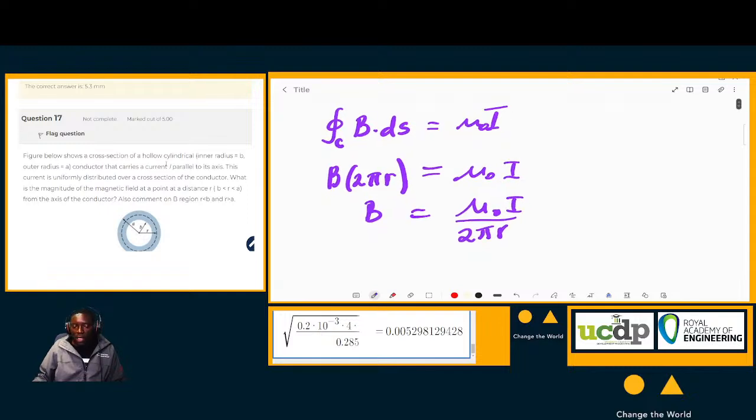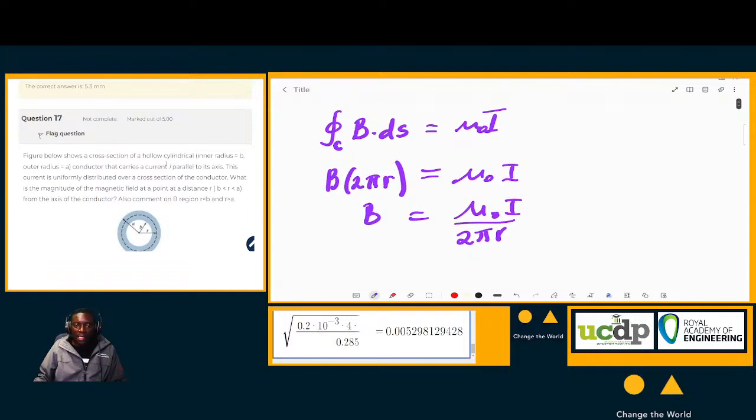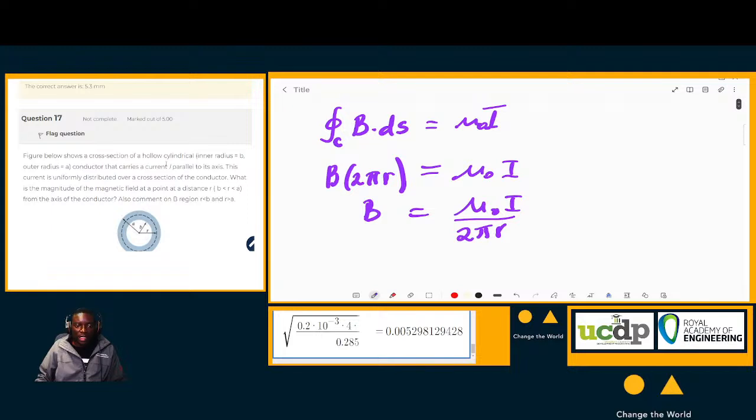Now there is a uniform current density across the shaded region, which gives us the same current per unit area.